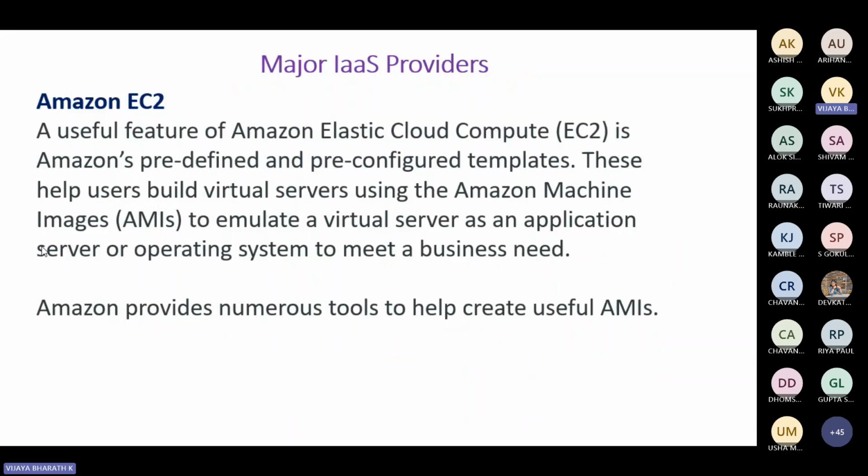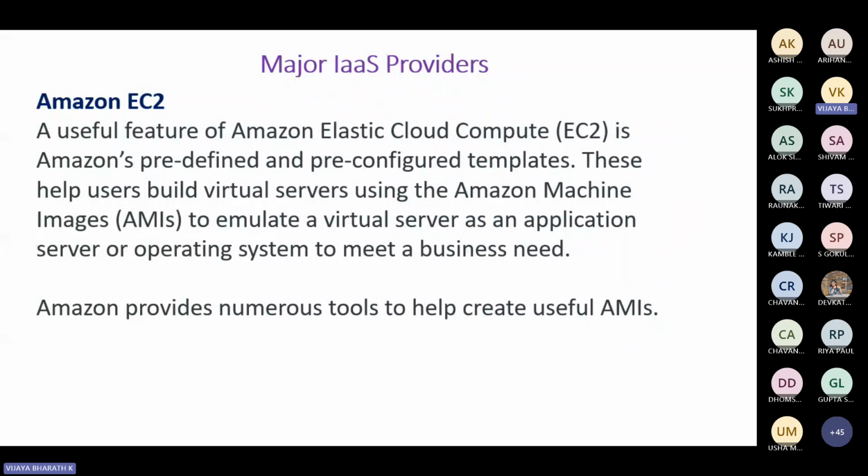Now let's see what the major providers provide. Amazon gives you a feature called Amazon Elastic Compute Cloud, which has predefined and pre-configured templates. This will help us to build the virtual server using Amazon Machine Images. How did we create it?